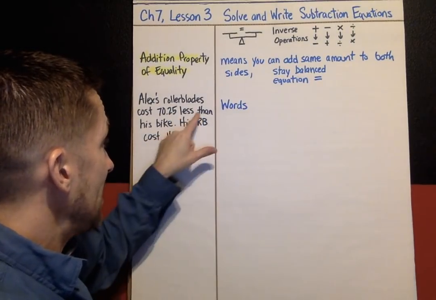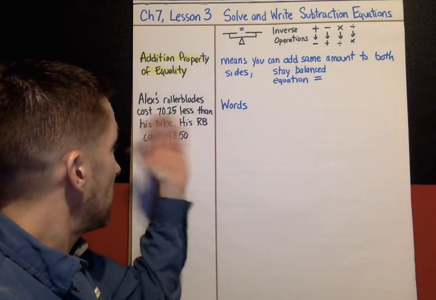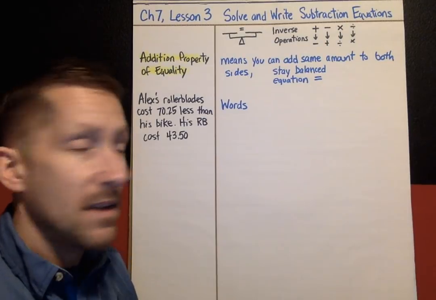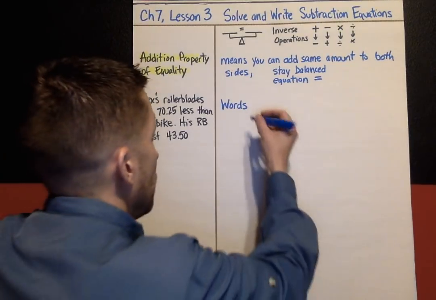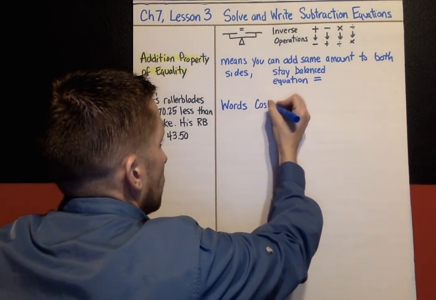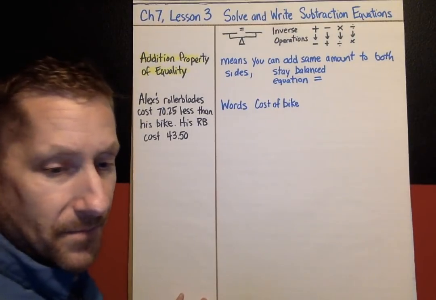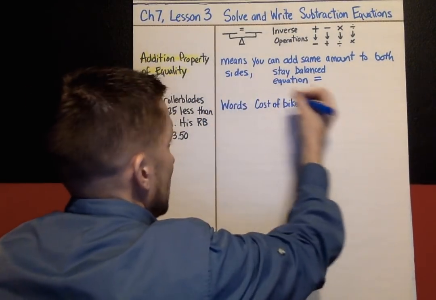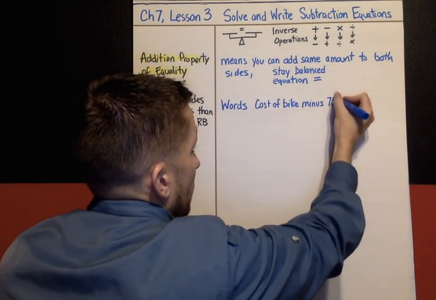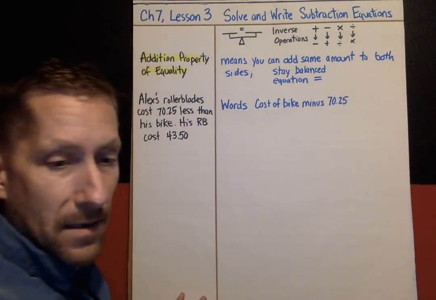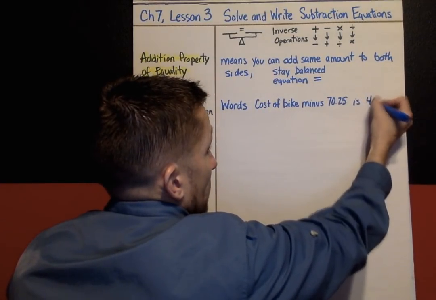$70.25 less than. Well, less than to me means you're subtracting. You're subtracting $70.25, but in this situation, what are you taking $70.25 away from? Well, it's his bike. The cost of the bike. Cost of the bike is, or minus, I could say, minus or less than, minus $70.25 is the cost of the rollerblades.